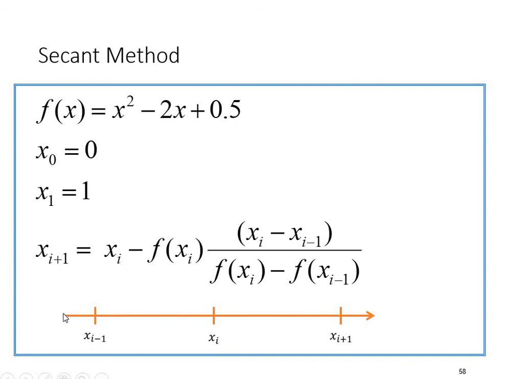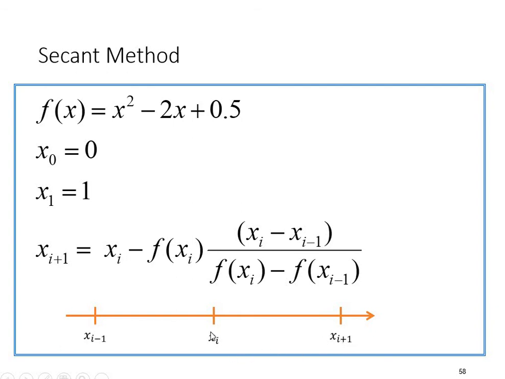Throughout this course, make sure you memorize this number line. This number line contains x_i, so the i is in the middle, the next term will be x_{i+1}, and the previous term will be x_{i-1}. So x_{i-1} represents a term before x_i, and x_{i+1} represents a term after i.